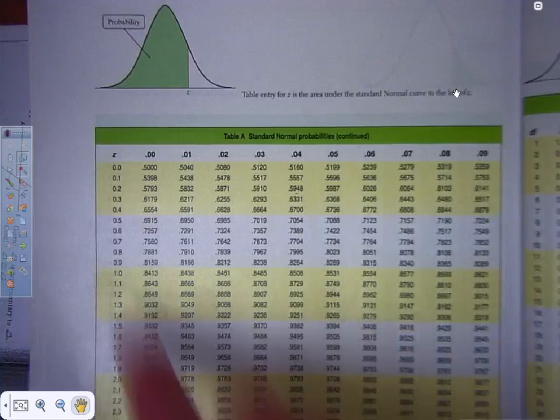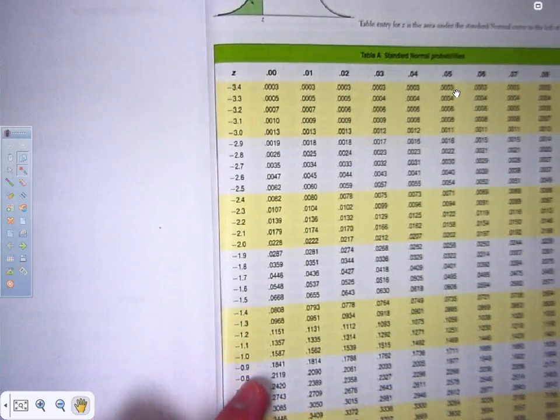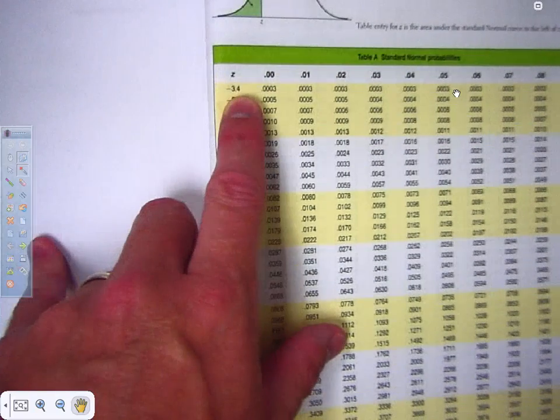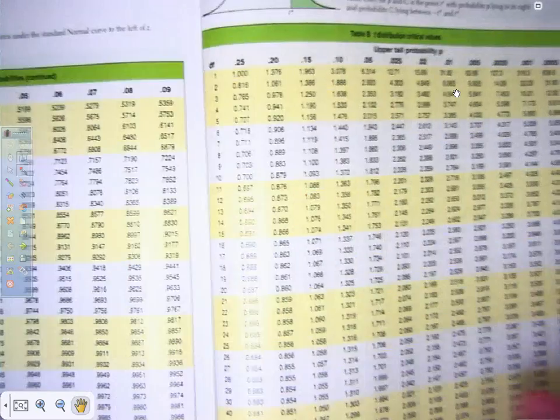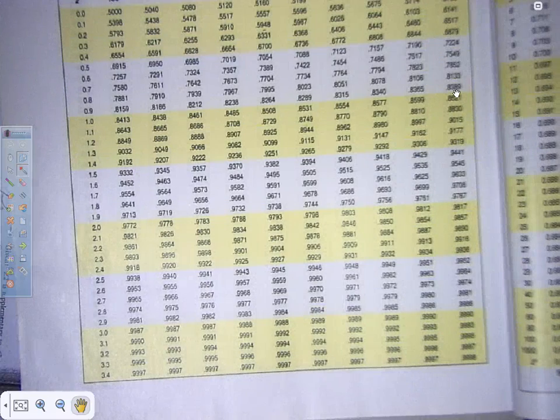Between this page, which has all of your positive z-scores in it, and the page before it, which has all of your negative z-scores in it, all the way out to negative 3.4 and out to positive 3.4, which means what? Just about 3.5 standard deviations either above or below the mean.